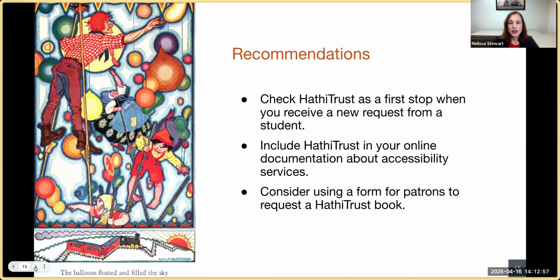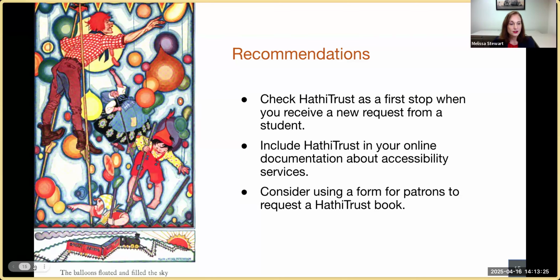So remember to check HathiTrust when you receive a request from a student. Include HathiTrust in your documentation about services, and some of our members have a form that they use. Some of them include in their ILL form a separate entry that a qualified student can use for accessible materials.